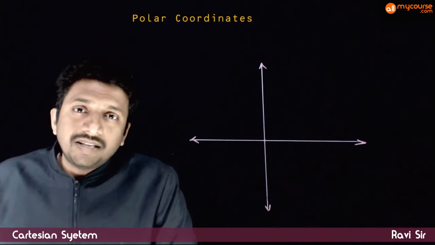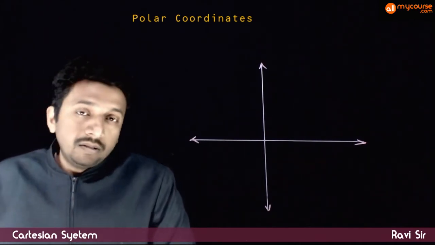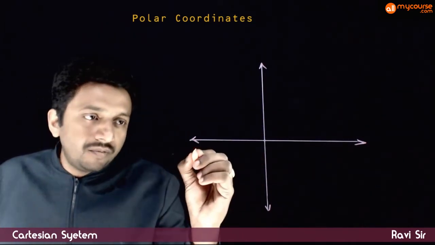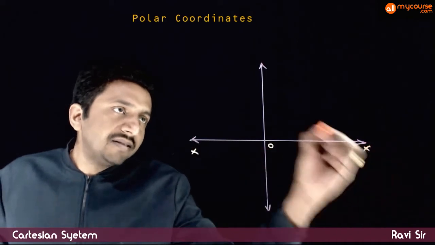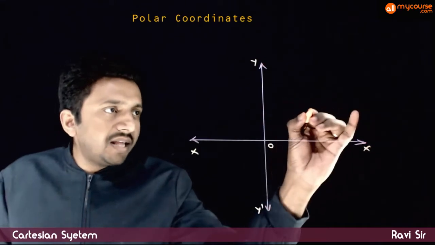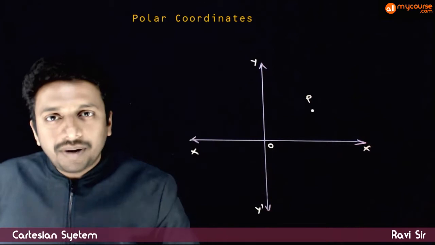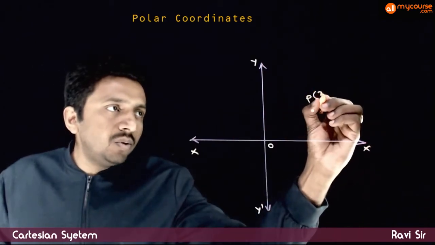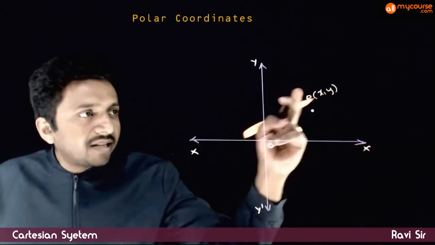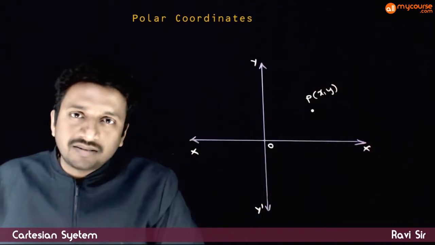In this video, let us look at what polar coordinates of a point are. So we have already seen that in a Cartesian coordinate system, we have x-axis and y-axis, and if you take any point P on this xy plane, you can represent them using two coordinates x and y, where x coordinate is the distance from y-axis and y coordinate is the distance from x-axis.